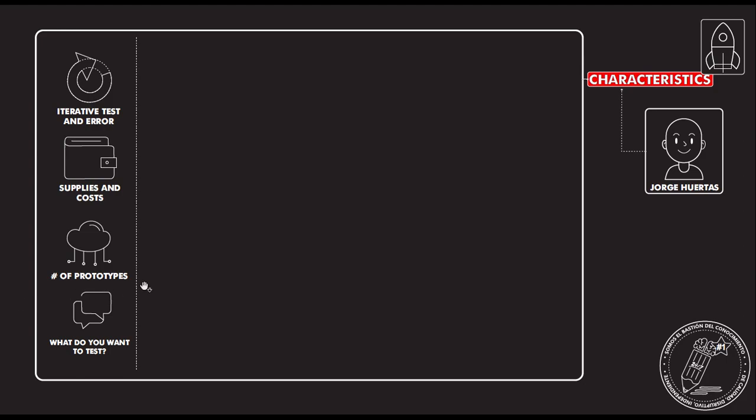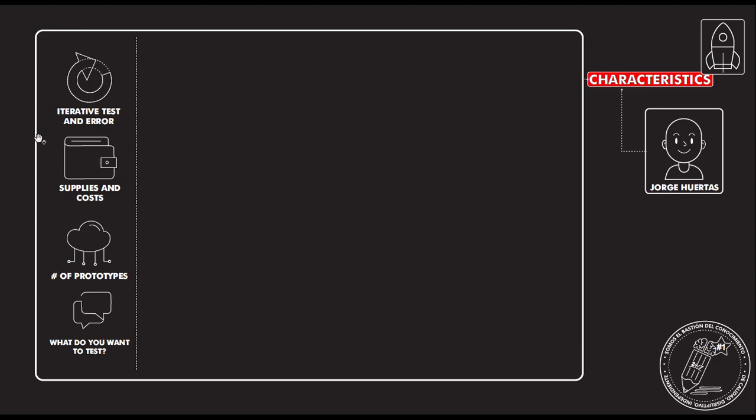Then you have to make a lot of prototypes, not just one. You use it in the test and prototype stages on a project that is being developed with the design thinking methodology. However, you need to previously make a lot of prototypes, because if you just make one and it doesn't work, you have to go all the way back and start doing it again.